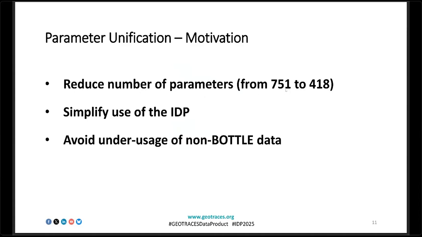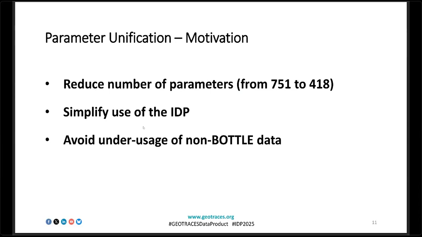So if we hadn't unified, we would now have 751 parameters in the data set. After unification, we have 418. And we strongly believe that this will simplify the use of the IDP, and also it will avoid overlooking some of these variants, for instance, fish that cover the surface values.